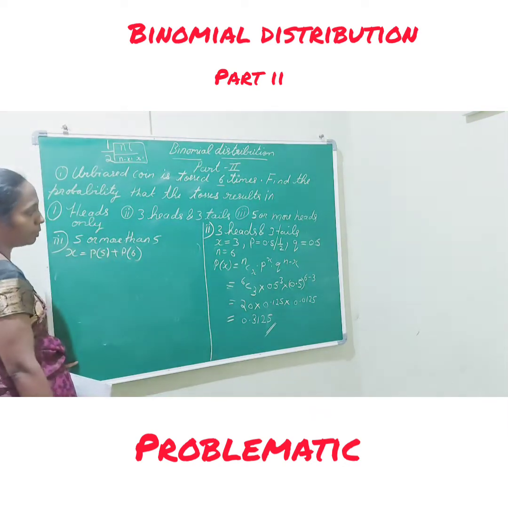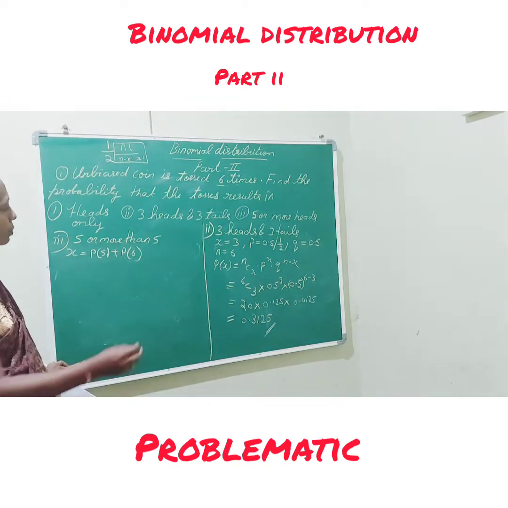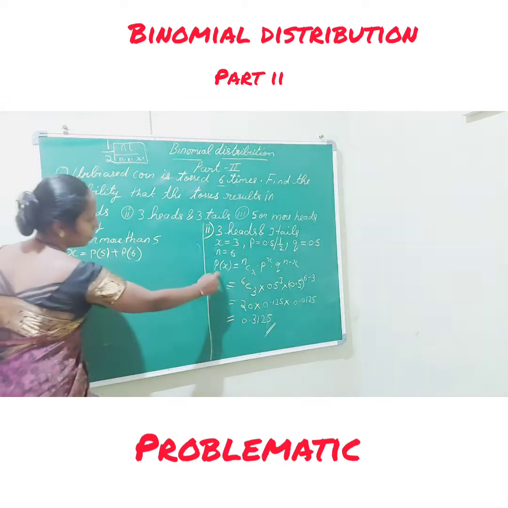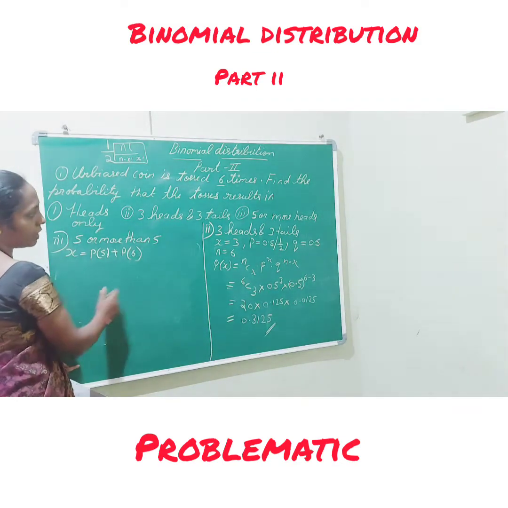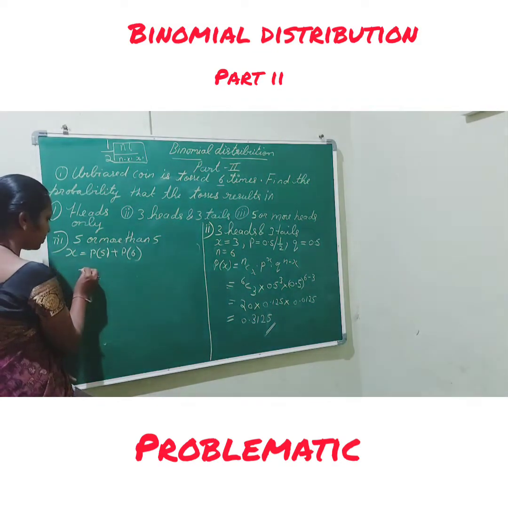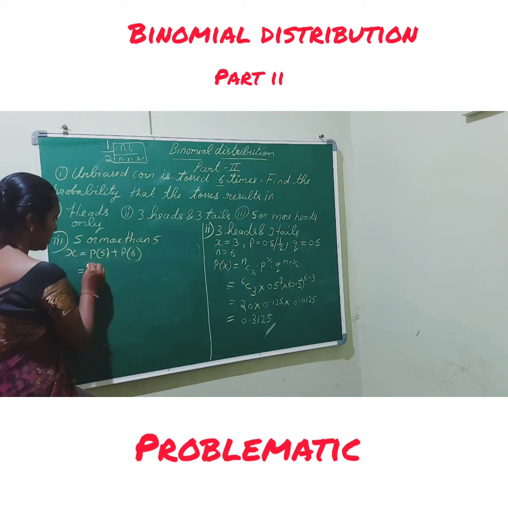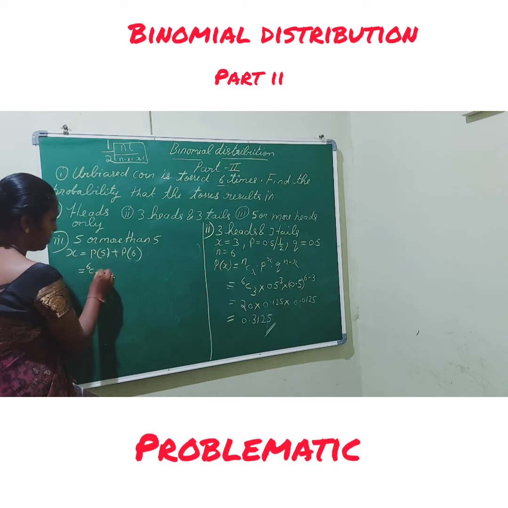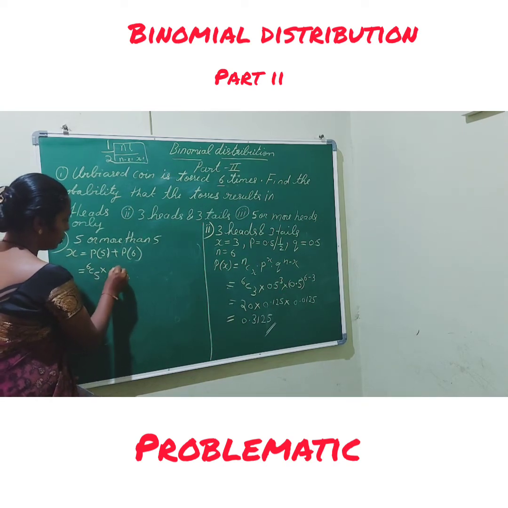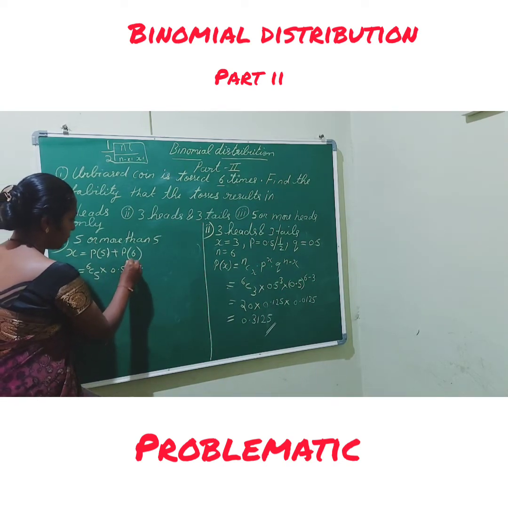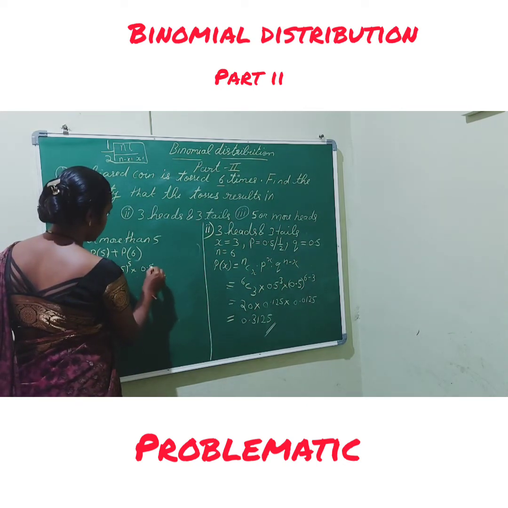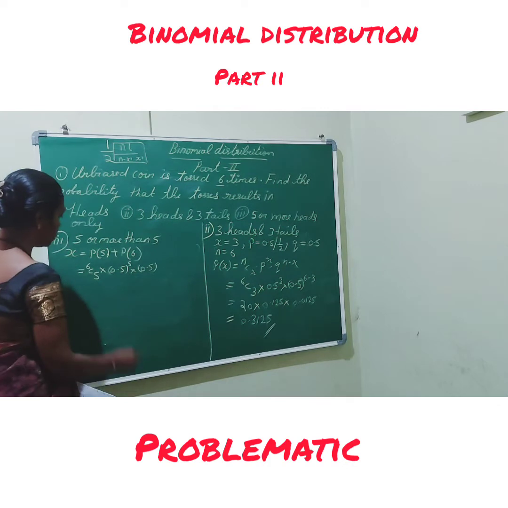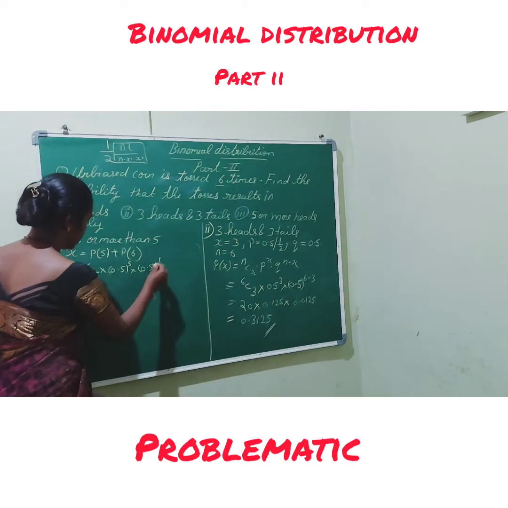So in this problem, the third one, we have to solve 2 different probability formulas. So for 5 and 6 separately, and whatever answers we get we have to add them. So first one is nCx. So n value is 6, 6C5 into 0.5 raised to 5 into 0.5 raised to 6 minus 5, which is 1.